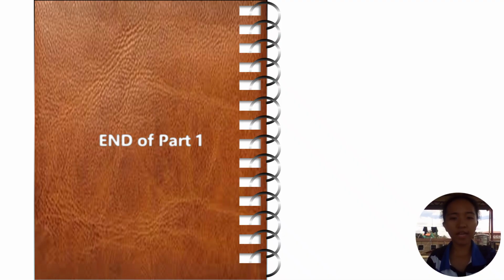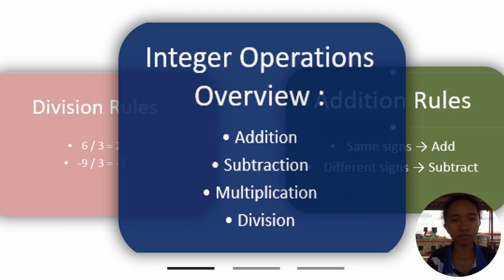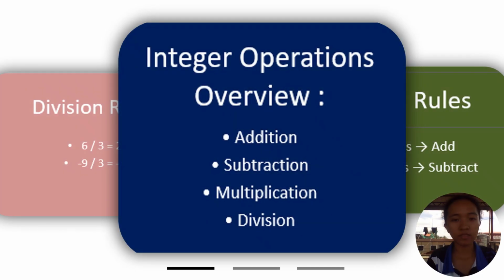Now that we understand integers and their basic concepts, let us move on to the operations on integers. Now, the integer operations have four fundamental operations, which are addition, subtraction, multiplication, and division.